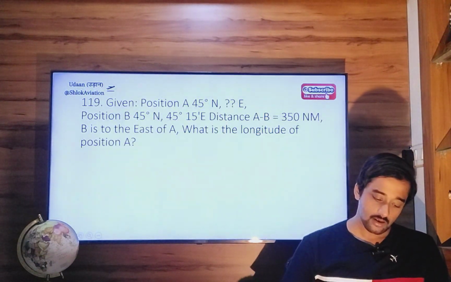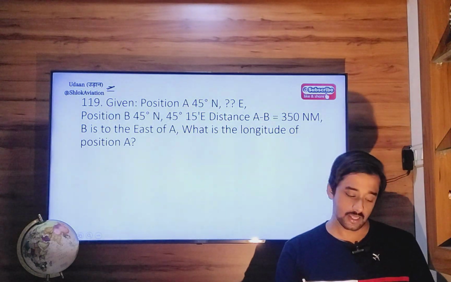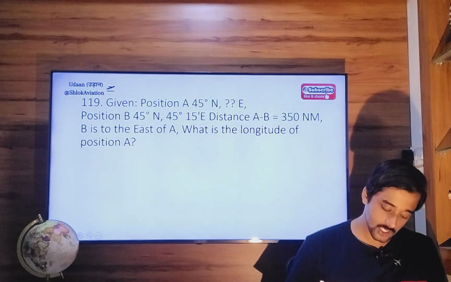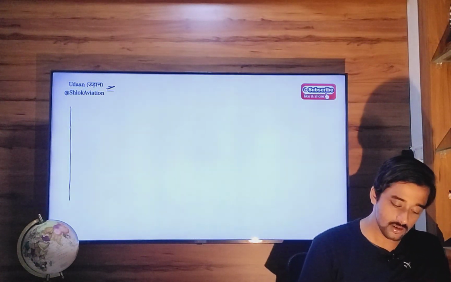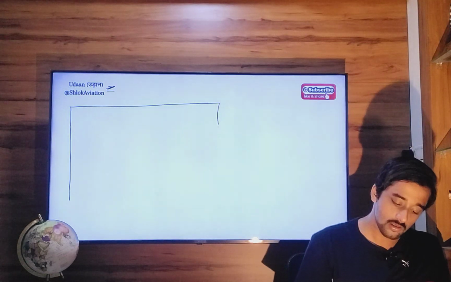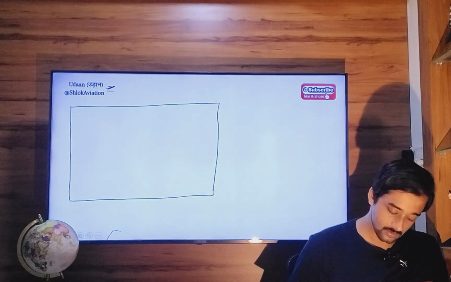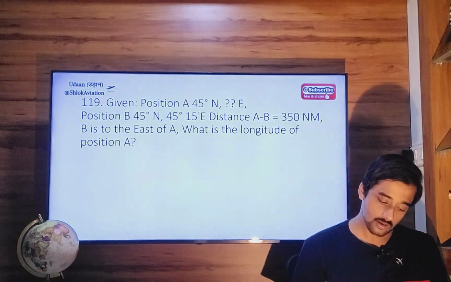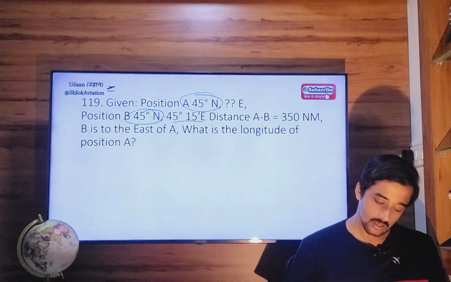Next. Position Alpha is given, Bravo is given, the distance between them is given, B is to the east of A. What is the longitude of position A? So let's say both are at the same latitude, east.